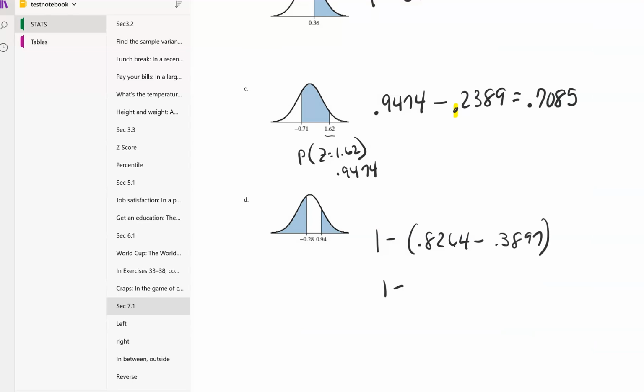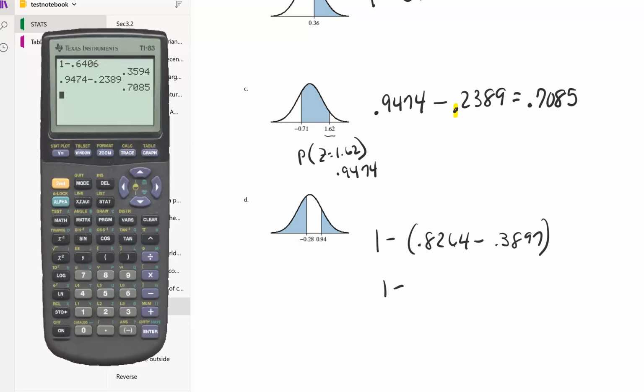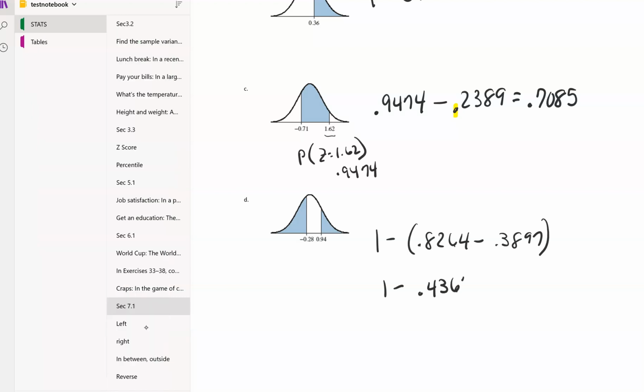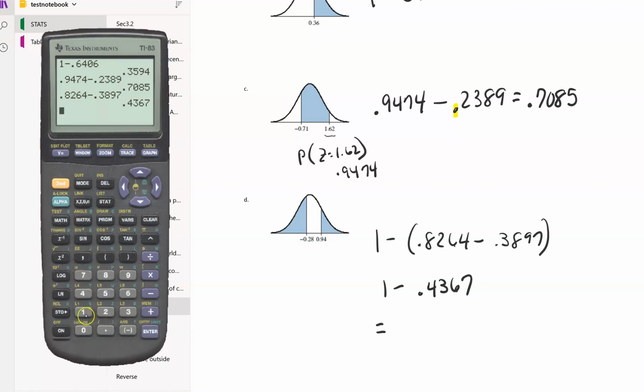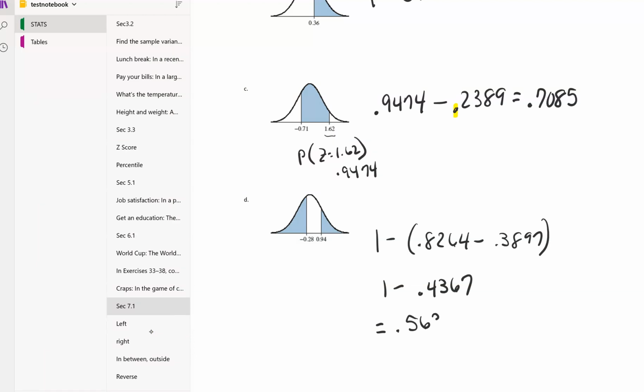All right, so I'm going to do the subtraction first. 0.8264 minus 0.3897. So that's 0.4367. And then I subtract that from 1, so it's 1 minus 0.4367, and I get 0.5633. That's my answer.